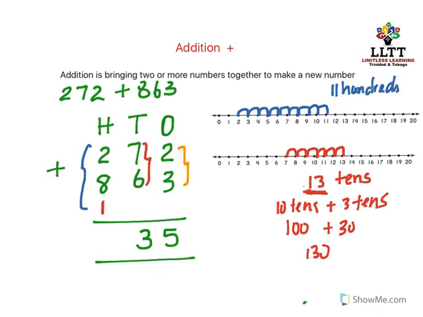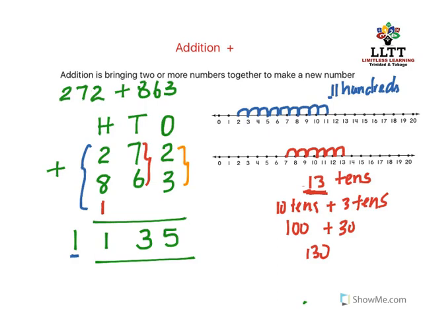Right? But I can't put the whole number 11 under hundreds. So I have to put my 11 like this. 1, 1. So that means this one that's here is this one here, right?